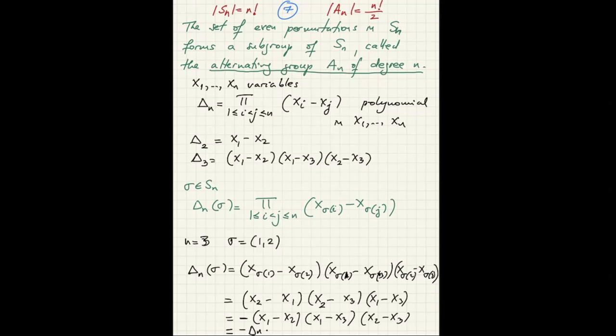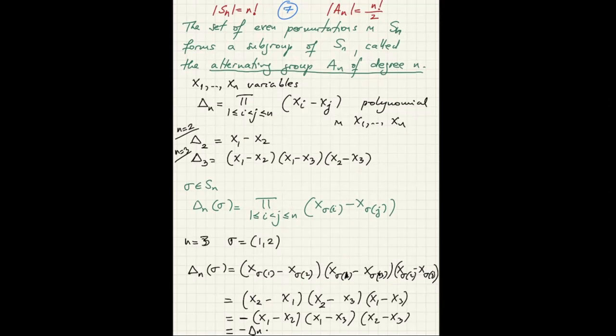This polynomial delta n is the product over all i less than j of xi minus xj. In the particular case when n equals 2, delta 2 is just one factor, x1 minus x2. When n equals 3, delta 3 is (x1 minus x2)(x1 minus x3)(x2 minus x3).